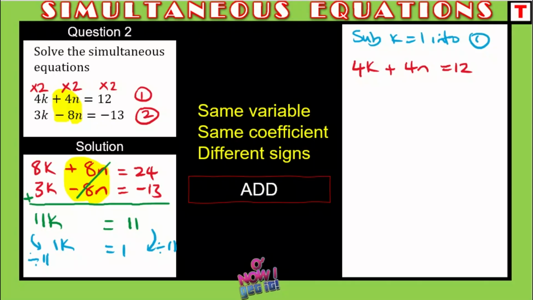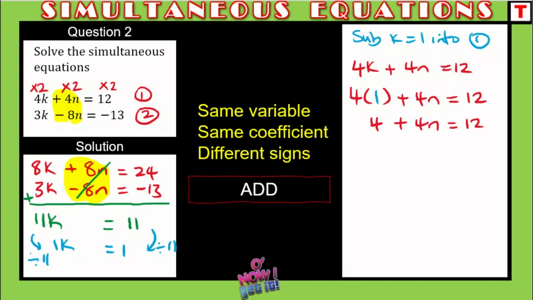And then anywhere that I see k in this equation, I am going to be substituting 1. Open a bracket, put 1 in. So 4, open a bracket, put that 1 in, 4k. And then we're going to be continuing from there. 4n is equal to 12. So 4 multiplied by 1 is going to give us 4, plus the 4n is equal to 12.